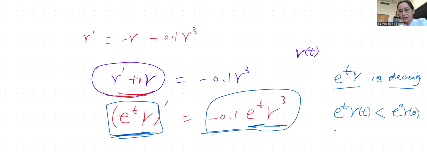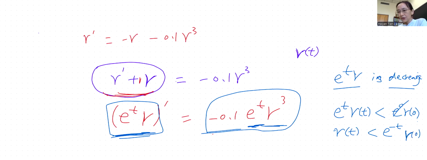So from here we can see r of t, and we divide e to the t on both sides, so we get e to the negative t times r0.